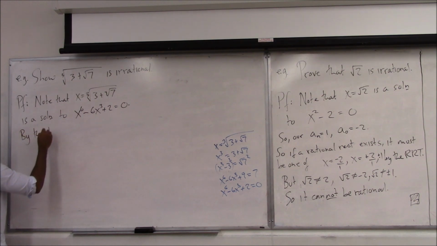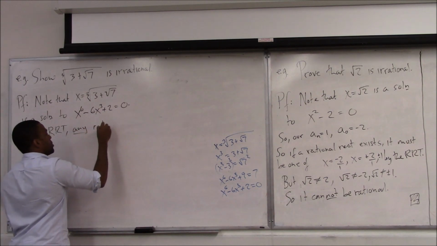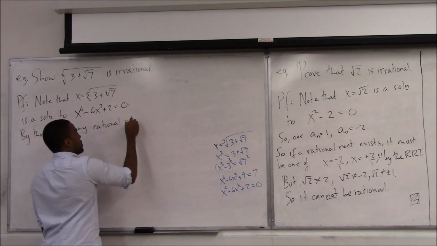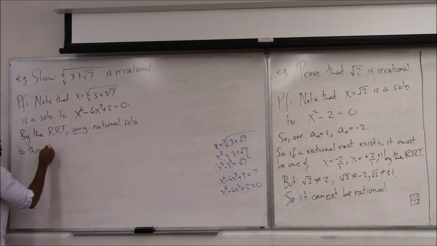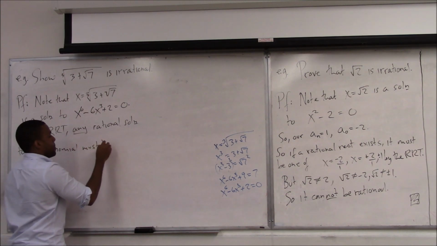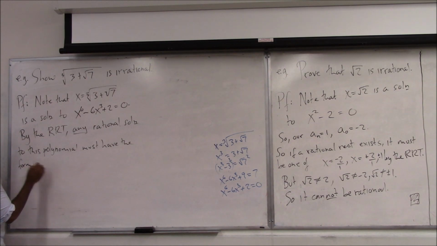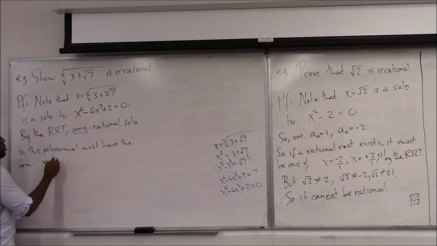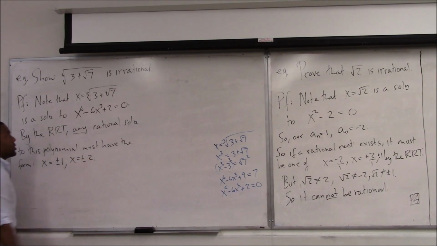by the rational roots theorem, any rational solution to this polynomial must have the form... It can be plus or minus 1 or plus or minus 2.